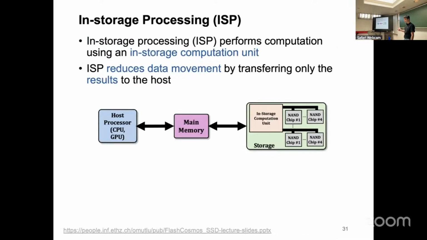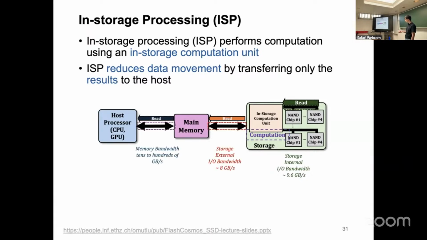So now that we know what an SSD looks like, I can introduce you to in-storage processing, where the idea is to have an in-storage computation unit where you read the data from the NAND chips, then do the computation there and send the results to main memory and then to the host.